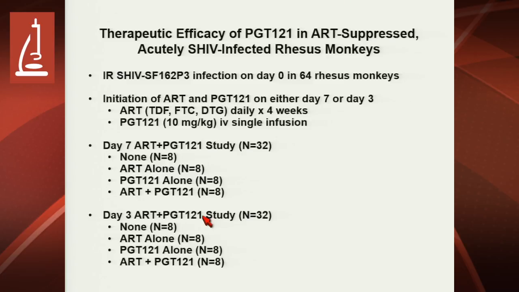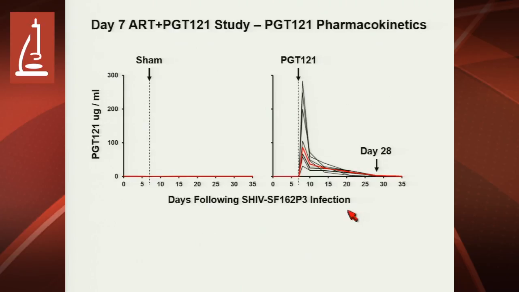These were essentially 2 parallel studies, each one 32 animals with 8 animals per group, in which we looked at no intervention, ART alone, PGT121 alone, or both combined. To some extent, this is more of a post-exposure prophylaxis type study, but with the intention to see whether we could have any evidence for potential cures.